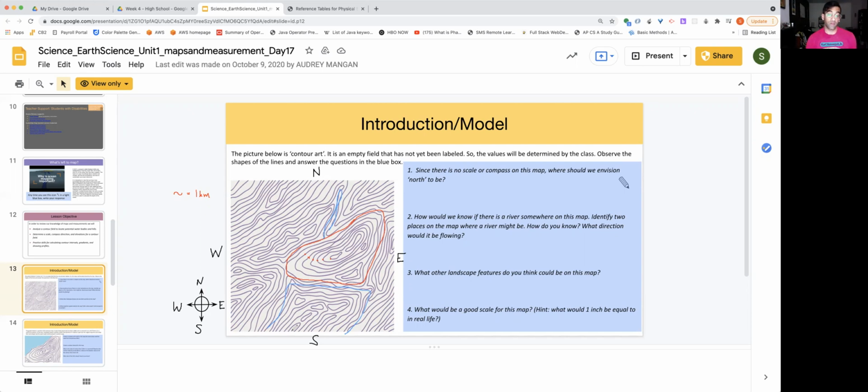On the other hand, if we get to an area like this, I'm going to mark it in green, somewhere like here or here, and there are no more lines inside, but those lines are surrounded by many other lines, then we know that the green areas are the tops of hills, or you could say the tops of mountains, depending on what we're looking at, and the change in elevation.